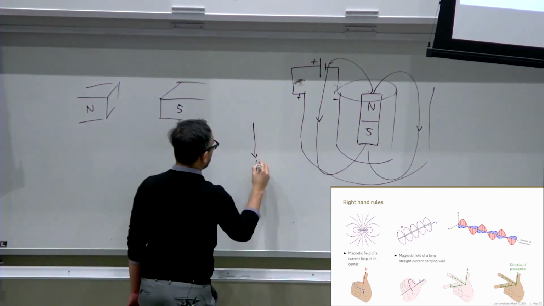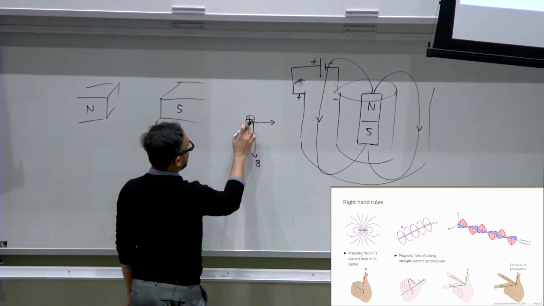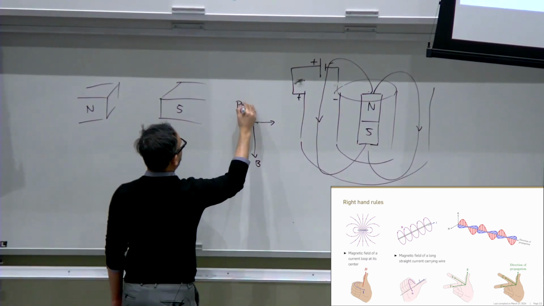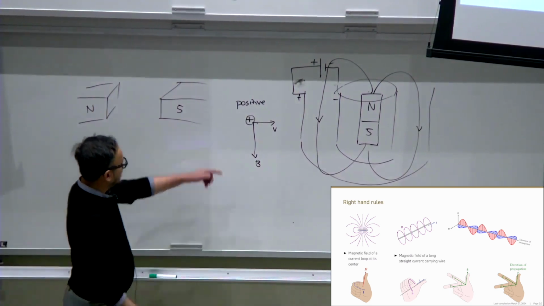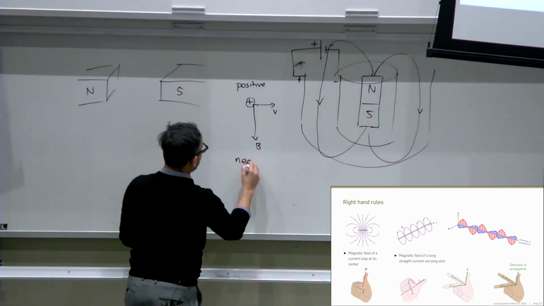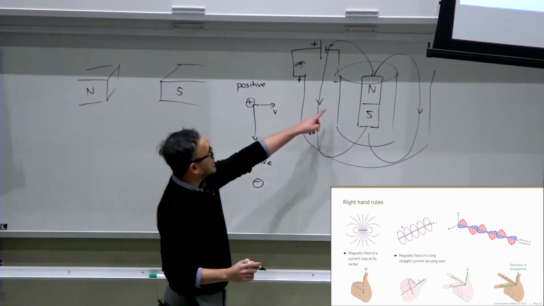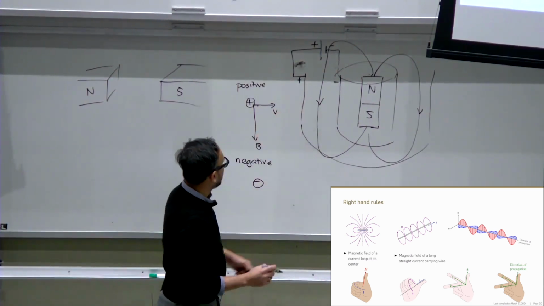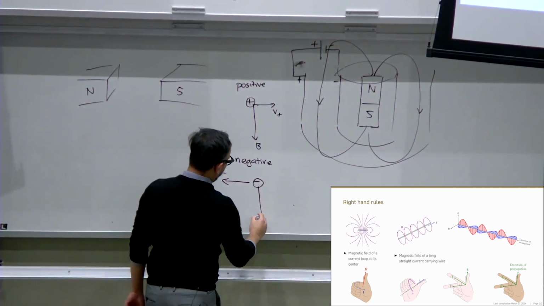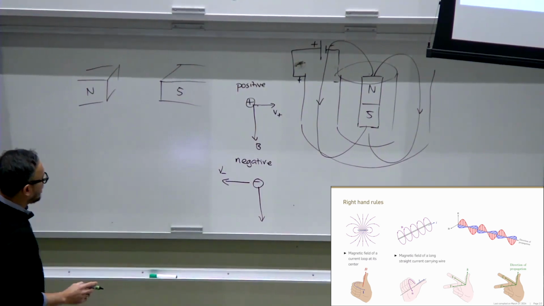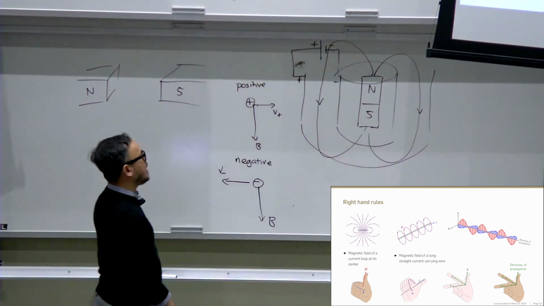For the positive charge, V is to the right. For a negative particle, it will be attracted towards the positive electrode, so we can label V this way. But the magnetic field still points downwards because of the orientation of the magnets.